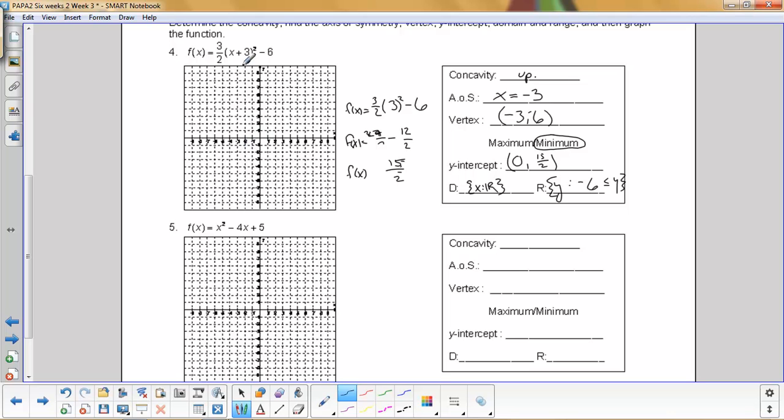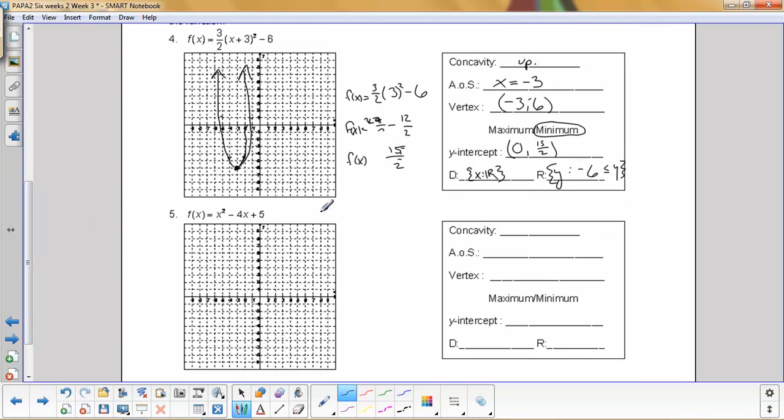Okay, moving over, we're going to go left 3 and down 6. And then we've got a stretch of 3/2, so over 1, up 1.5. Over 1, up 1.5. There we go. There is a slightly compressed, poorly drawn parabola.